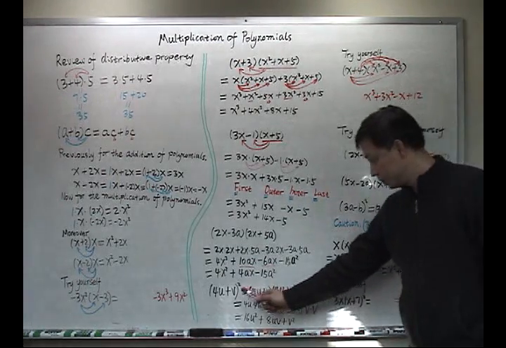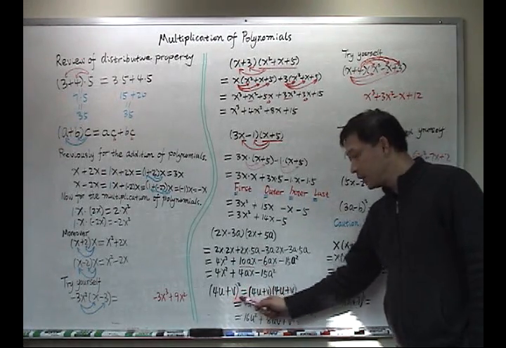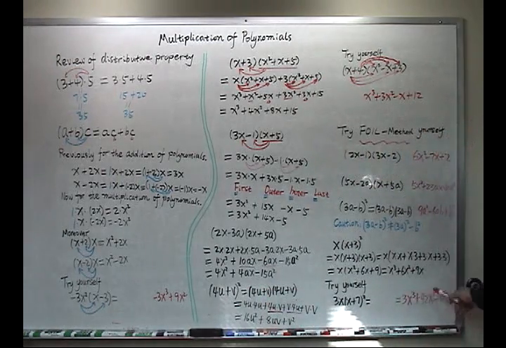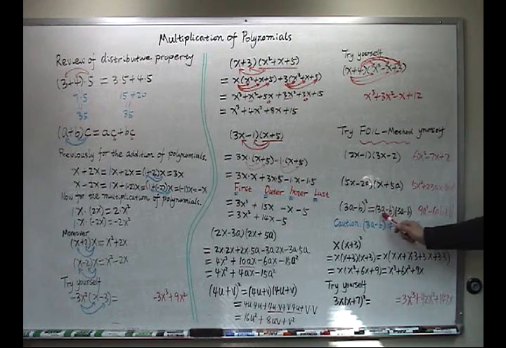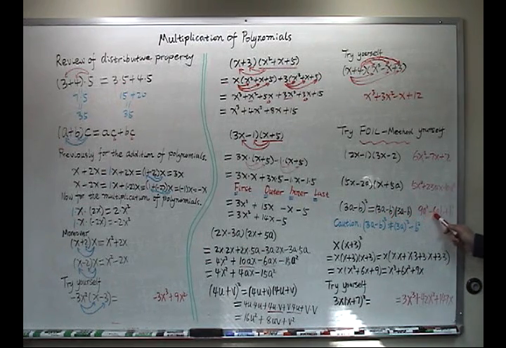Do a similar thing right here, then you will find out, using the FOIL method, 3a times 3a is 9a squared. Outer is 3a times negative b. Inner is negative b times 3a, so together we have a negative 6ab. Negative b times negative b, we have a positive b squared.